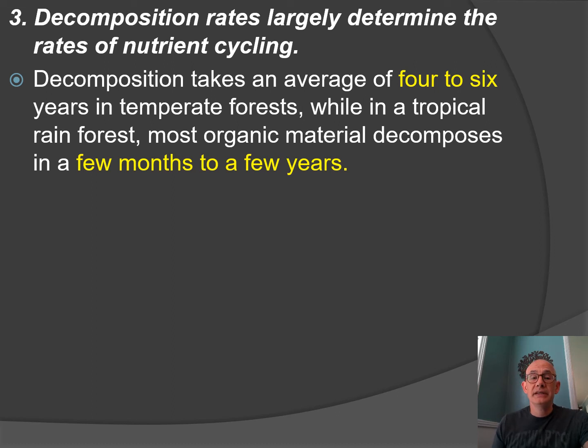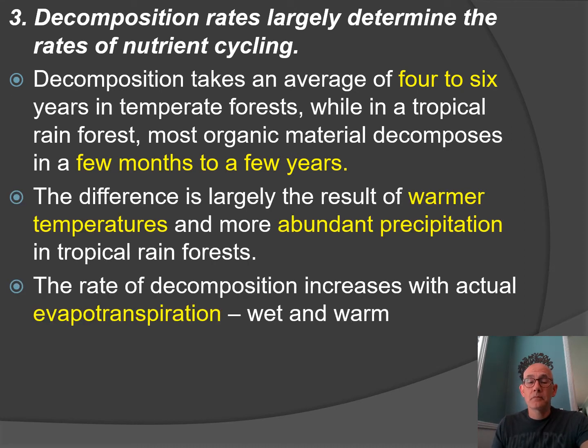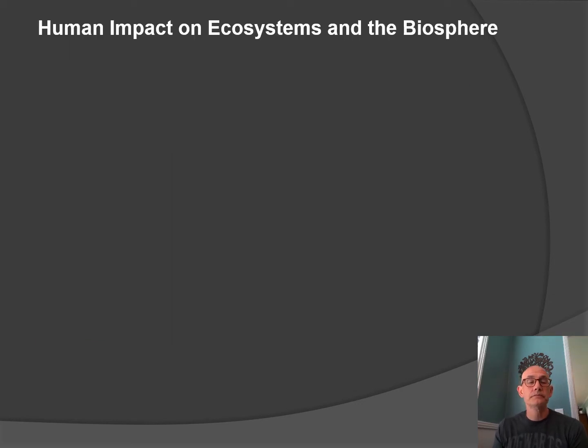There, it takes a few months to a few years for a tree to decompose, 4 to 6 years in a regular forest like where we live. So it is directly related to the rate of evapotranspiration. And that is simply, if it's warmer and more humid, plants are going to transpire more, which means that things will rot faster.